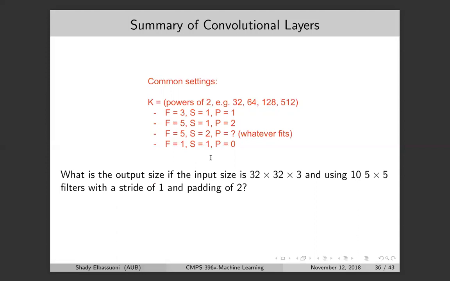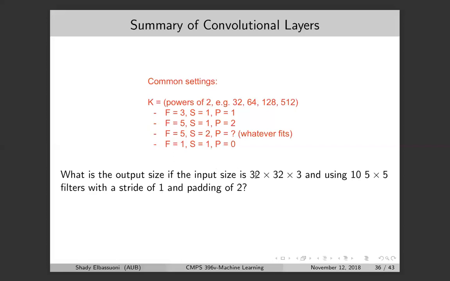So you have 10, that's the depth of the output, and then you have 32 plus a padding of 4, so 32 plus 4 minus filter 5, over the stride, plus 1. The stride is 1, right?